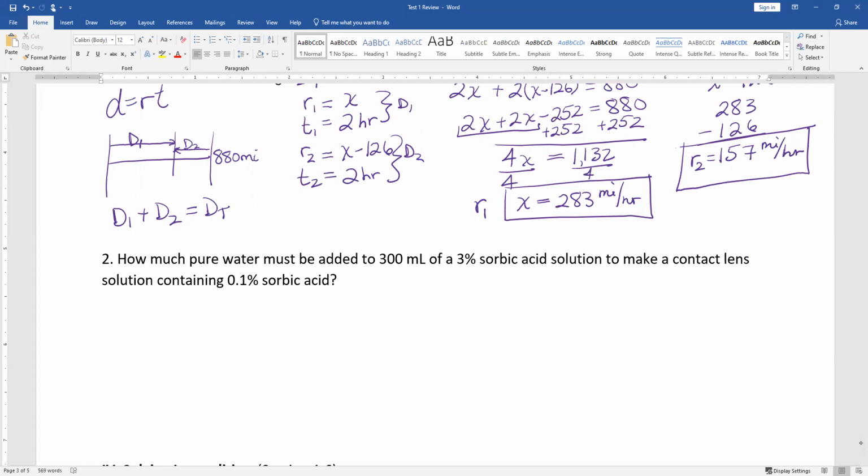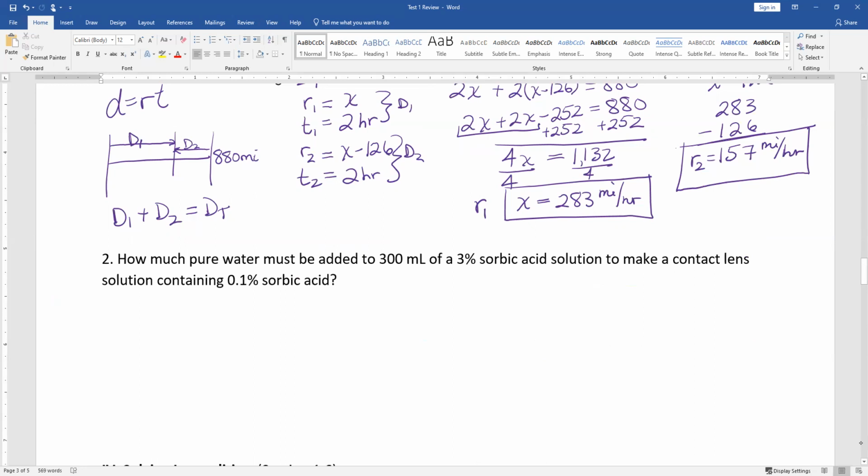We have 300 milliliters of a 3% acid, and we need to create a 0.1% acid solution. So we're diluting it, watering it down. We're going to have a lot of solution when we're done, because from 3% to 0.1% is a huge difference. So we're probably going to have to add a lot of water.